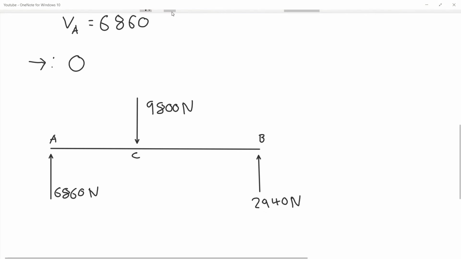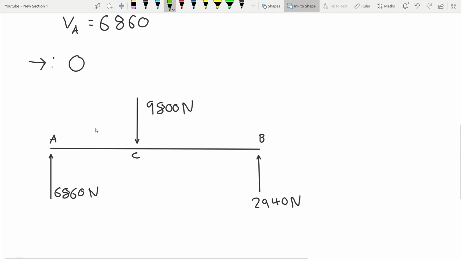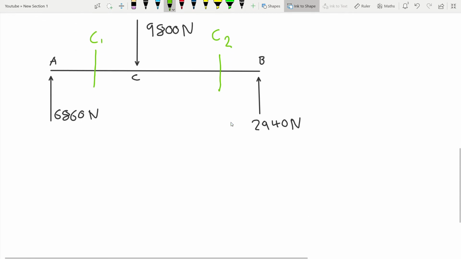And we are going to need 2 section cuts. One here, C1, one here, C2. So we're going to take these cuts, go A to C1, we're going to have internal forces.